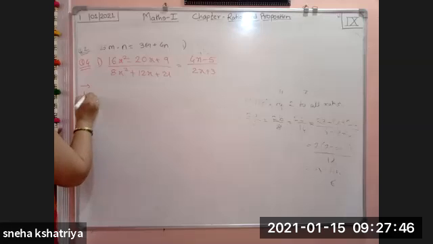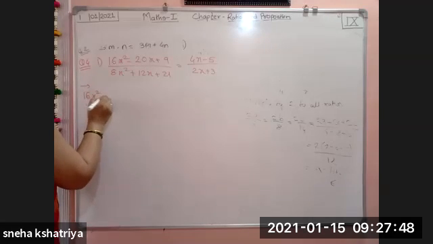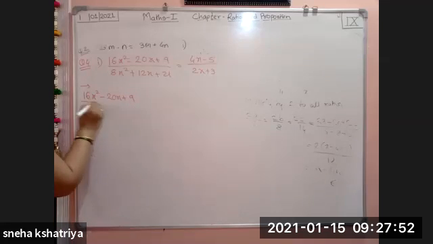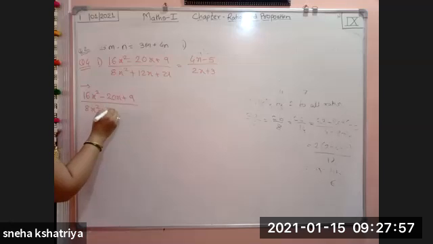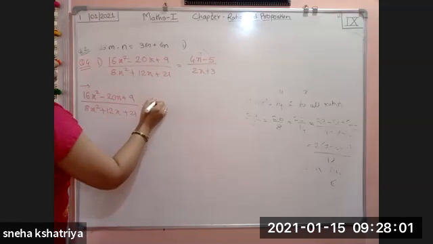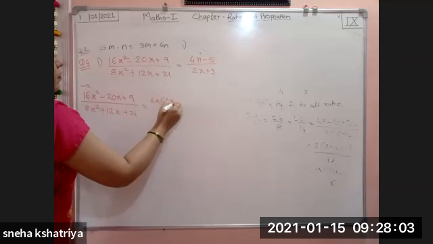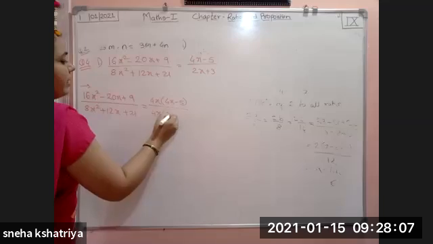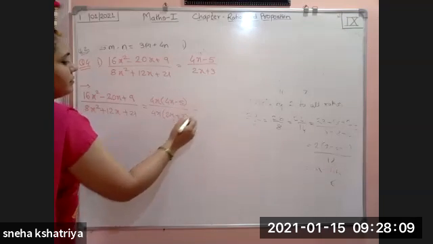So here we will have 16x square minus 20x plus 9 divided by 8x square plus 12x plus 21, which is equal to 4x in the bracket 4x minus 5 divided by 4x in the bracket 2x plus 3.